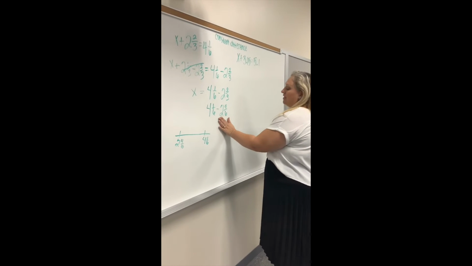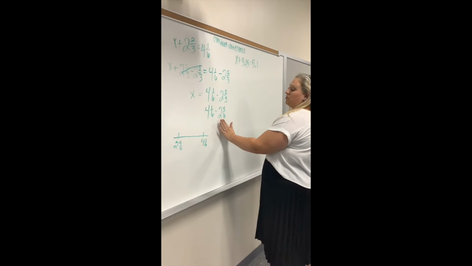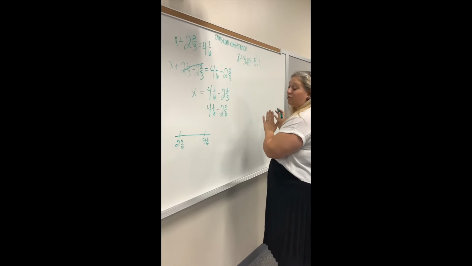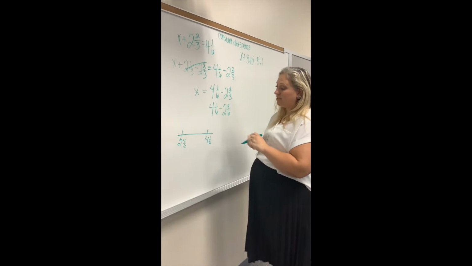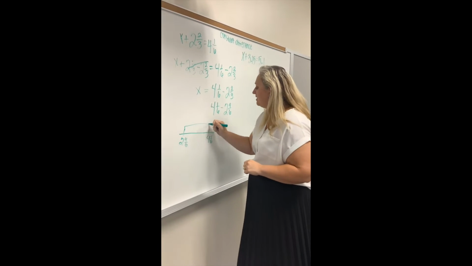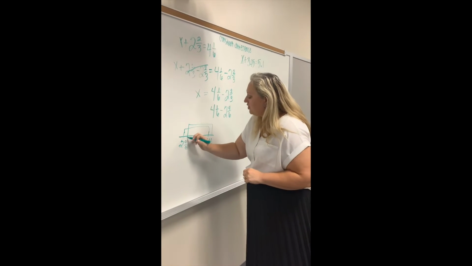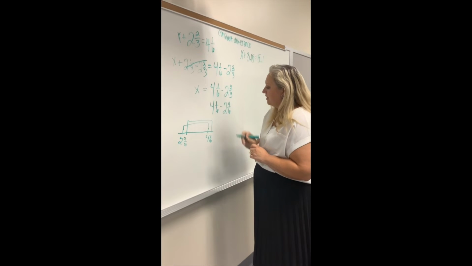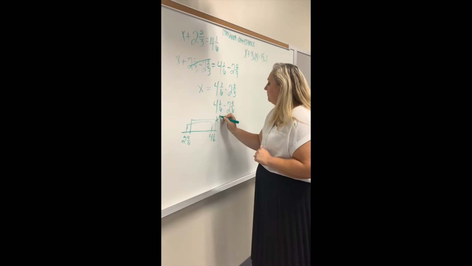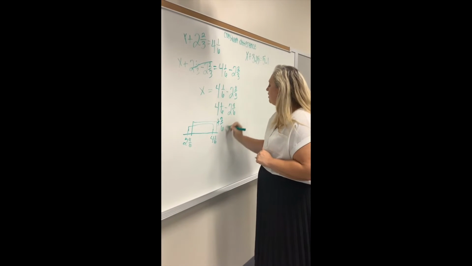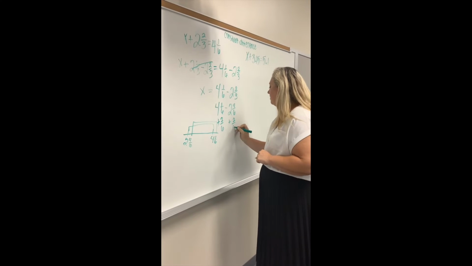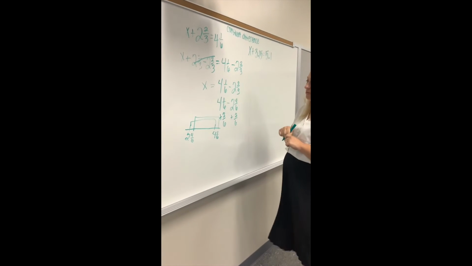But if I want this value to become a whole, I need to shift it to the right to get it to 3. So we are 2/6 of the way. So I'm going to take this distance and I'm going to shift it a value of 2/6. So what I'm doing is I am adding 2/6 to both of my values.